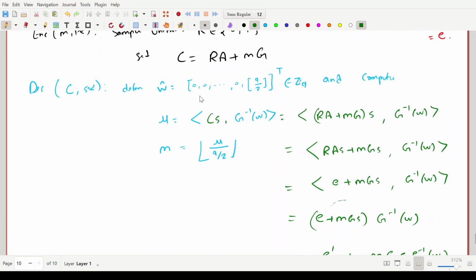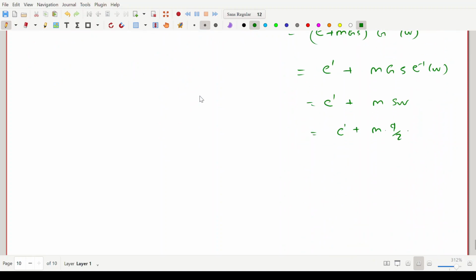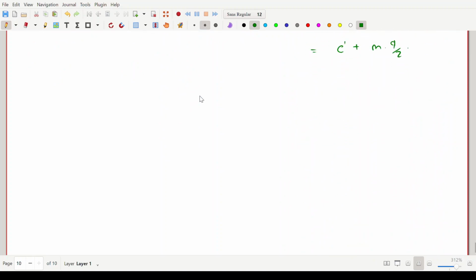So I have my decryption, and for addition and multiplication evaluation, Eval add, that is C add, it is just adding the ciphertexts C1 plus C2. And if you want to do Eval multiplication, C multi is C1 G inverse C2.